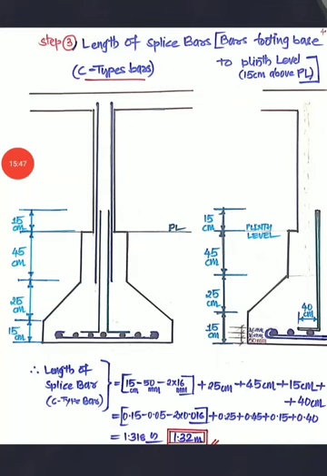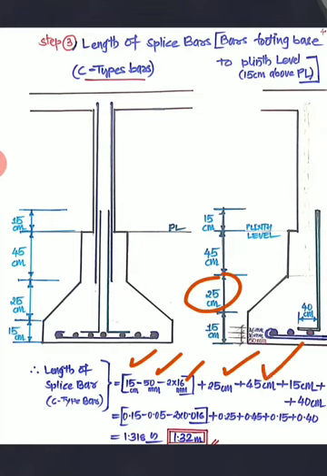Now I am going to show that here. See, this 15 centimeter minus 50 mm minus 2 bars, right? So 2 into 16 mm, then plus 25 this, plus 45 this, plus 15 this, and plus 40. Now which 40 is this? See, here I have written plus 40. This 40 is the L bend 40, right?